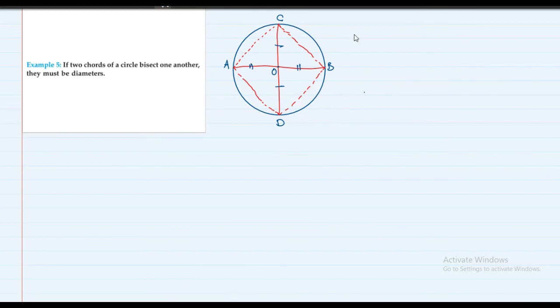So we'll write given: chords AB and CD bisect each other.